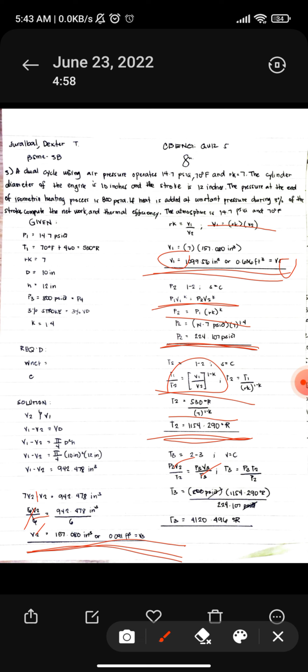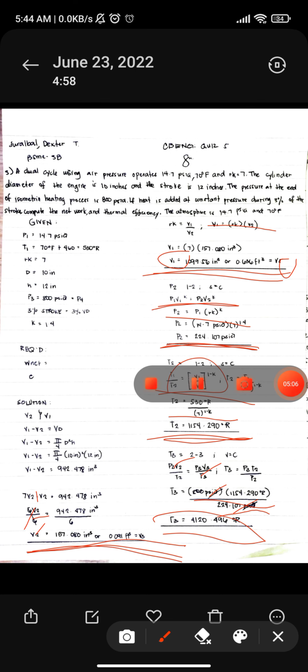So, T3 natin, we have P3 na 800 psia times T2 na 1154.290 degrees Rankine over P2 na 224.107 psia. So, yung T3 natin is T3 equals 4,120.496 degrees Rankine.